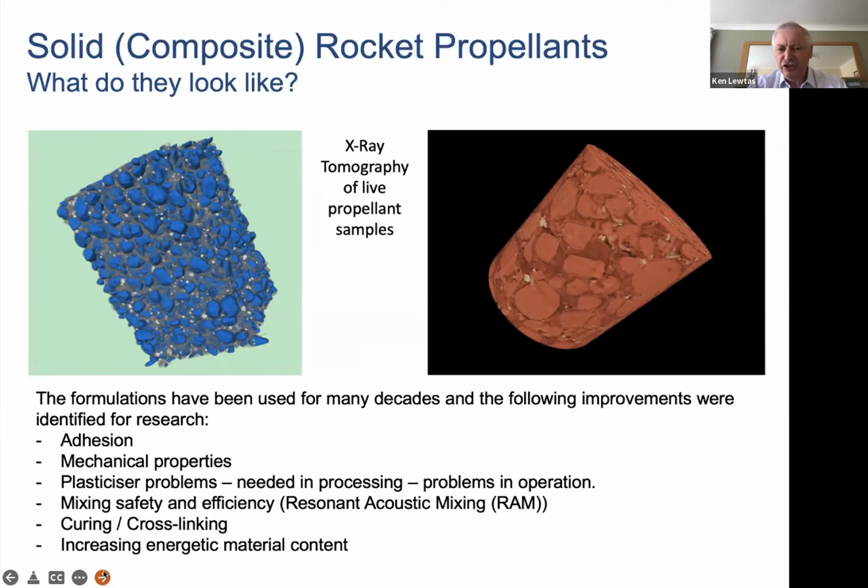The safety and efficiency on this, obviously safety is a major concern. Then there's the curing and cross-linking. You know, what happens when you cross-link these materials? Can you make it better? What happens when the polymer shrinks? And also the ability to increase the energetic content is, especially nowadays, quite a big thing.